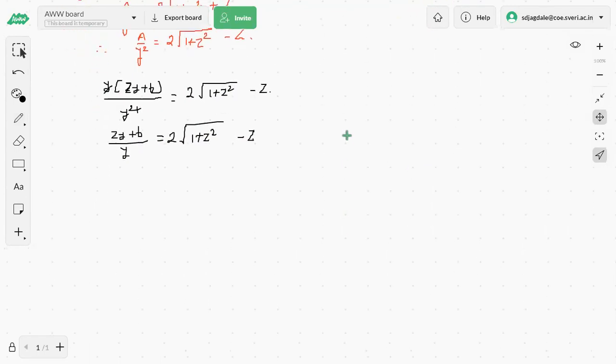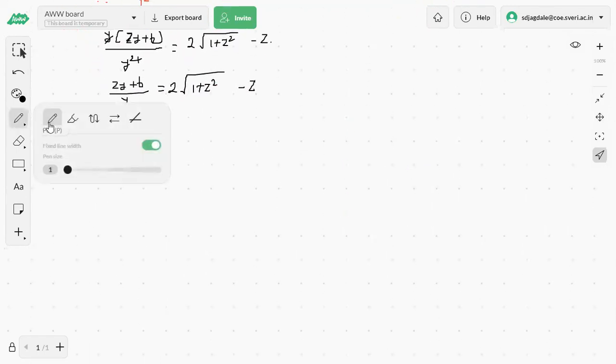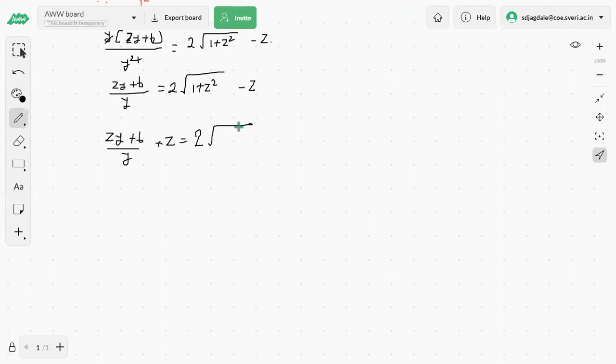Okay, then take this z to this side. So what we will have? (zy plus b) upon y plus z is equals to 2 into root of 1 plus z square. Okay. Now make this addition.